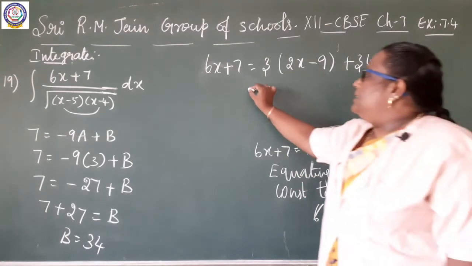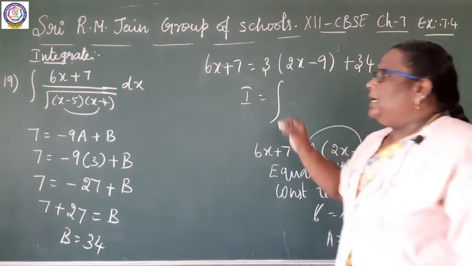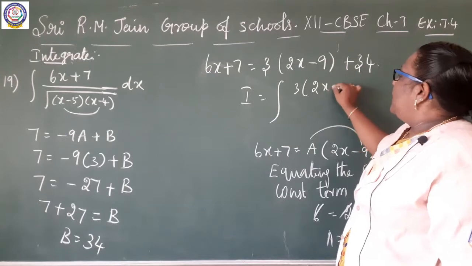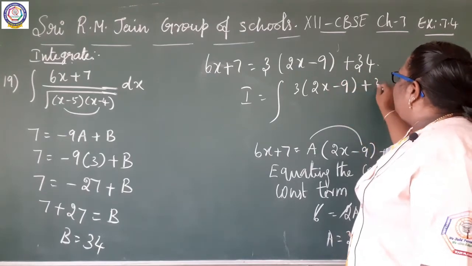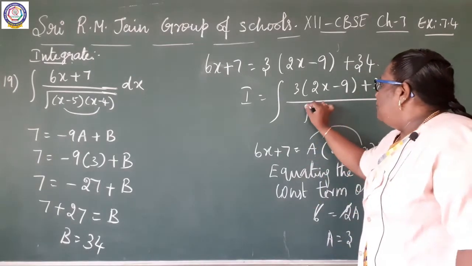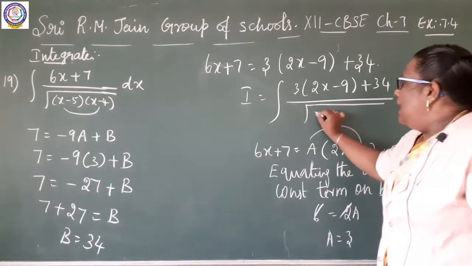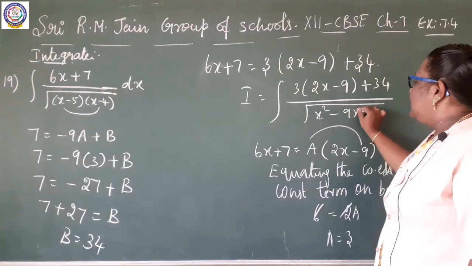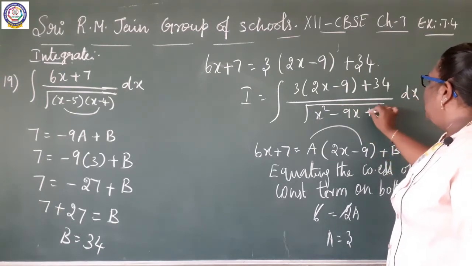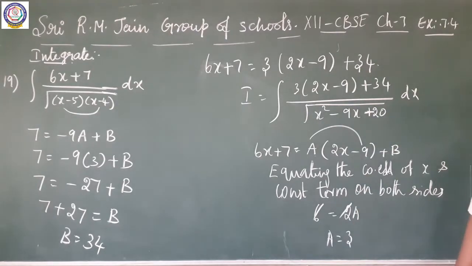So you changed I equal to integral 3 into (2x minus 9) plus 34 by root of x square minus 9x plus 20 into dx.